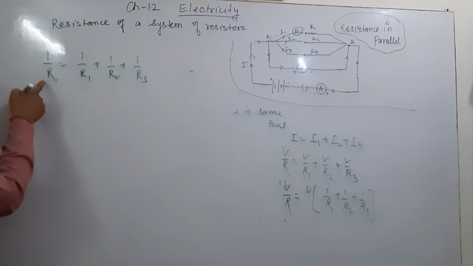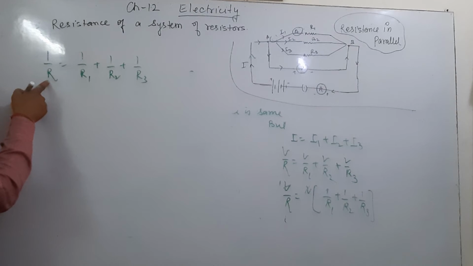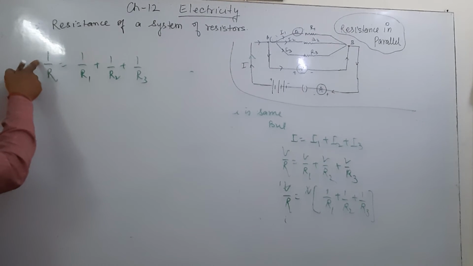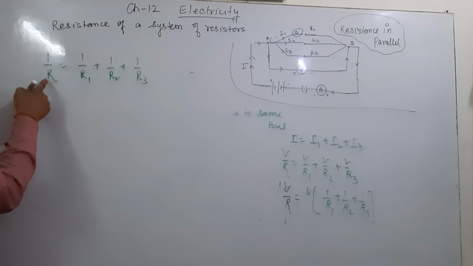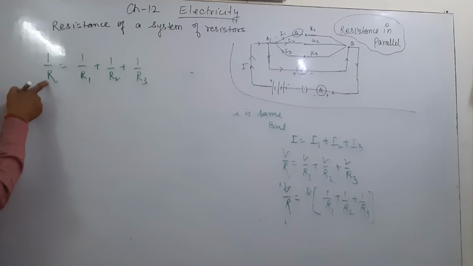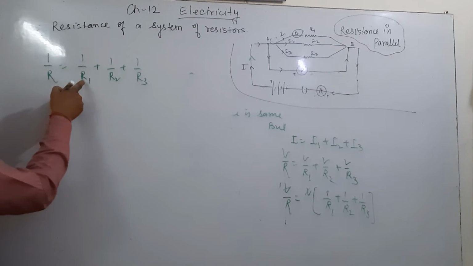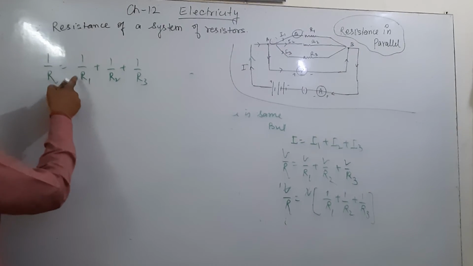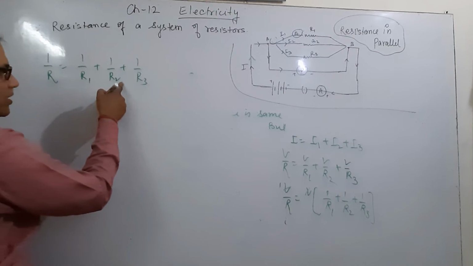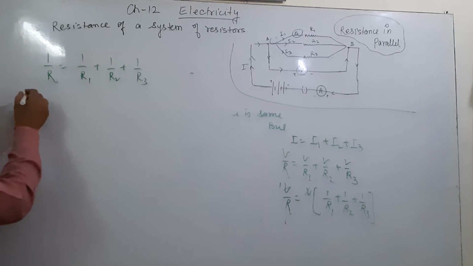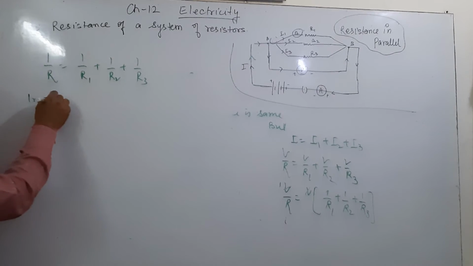Here R is the resistance of the whole circuit. It means the reciprocal of the resistance is equal to the sum of the reciprocals of the individual resistances.